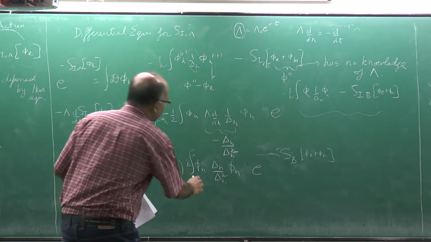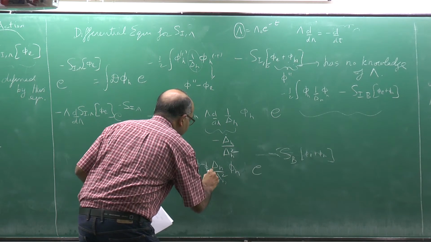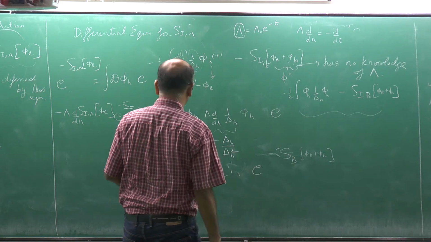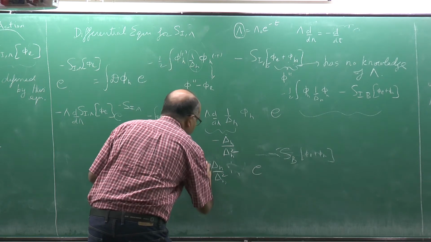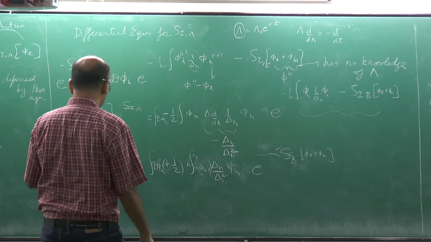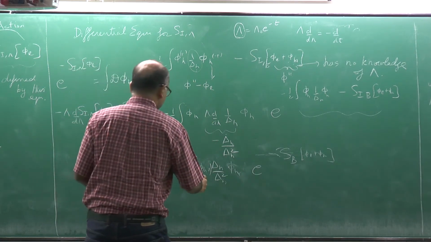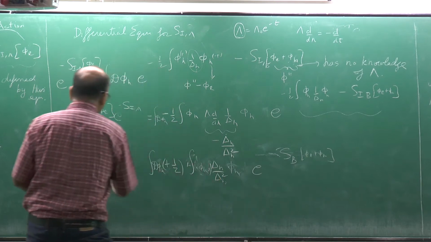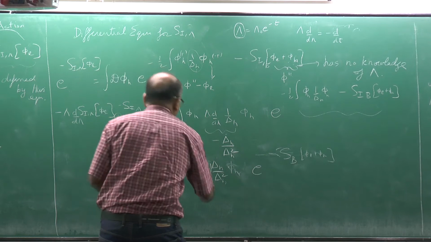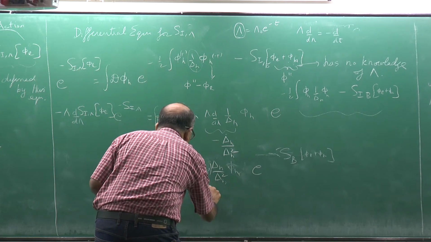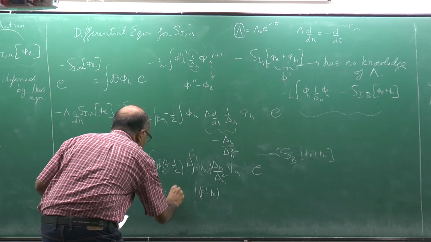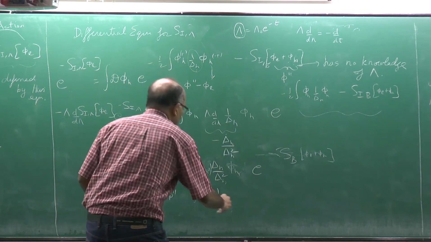So you can make the same change of variables and write this as phi minus phi L. Sorry, I should have done the same thing here first. So let me write this as the same thing. I write it in the same way, and then this will become phi double prime minus phi L, and this is E phi double prime. Same change of variables that I do here.